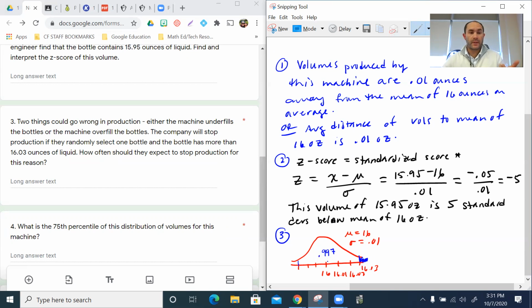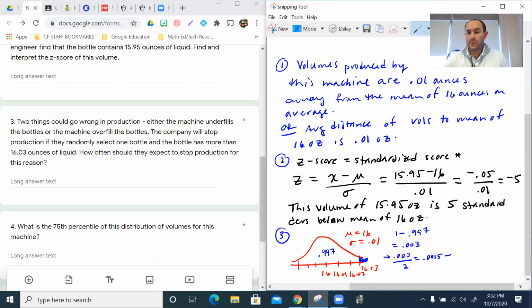In this case, 99.7% of the volumes. So what we need to really figure out is just this little piece over here. If we take 1 minus 0.997, this is going to give us 0.003. That would give us both tails, but because we only care about one of those tails, we divide it by 2, and that's 0.0015. How often would we expect it?